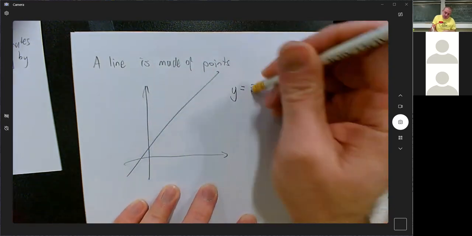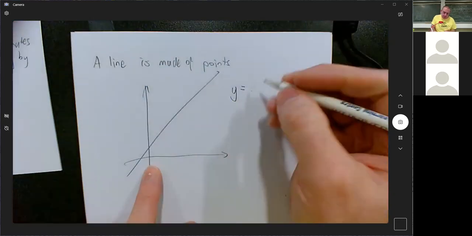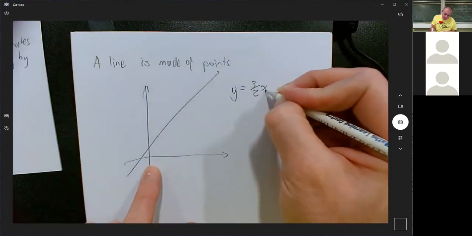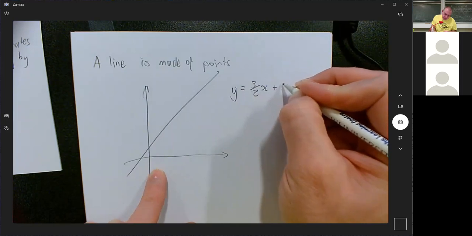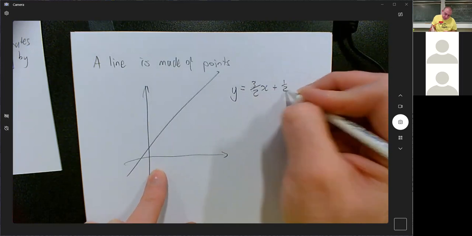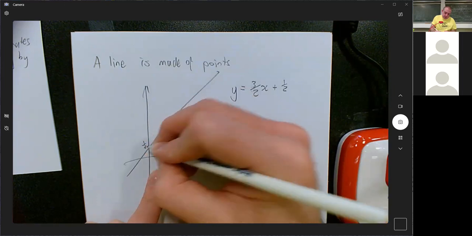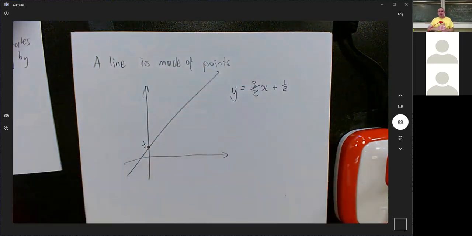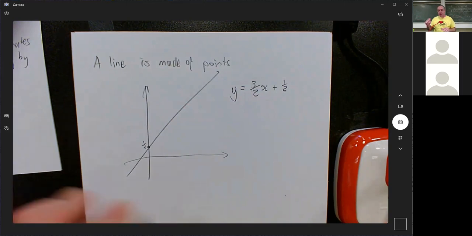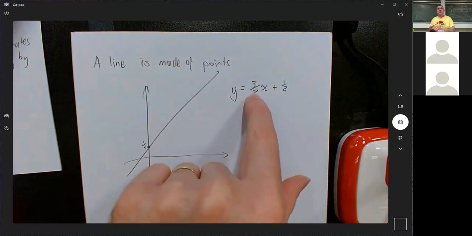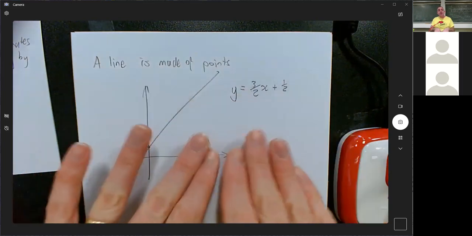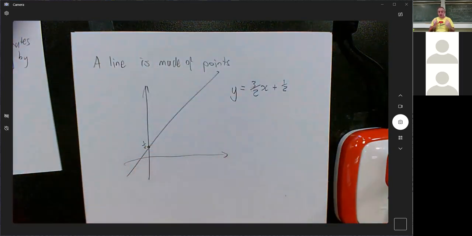So this might be the line 3 over 2x plus a half, and we've been looking at lines for a long time in maths, so we know that that's the y-intercept and that's the slope. But the purpose of this, in its most fundamental form, is to tell you how to tell if a point is on the line or not.